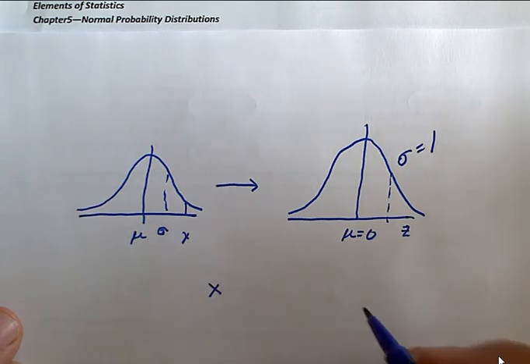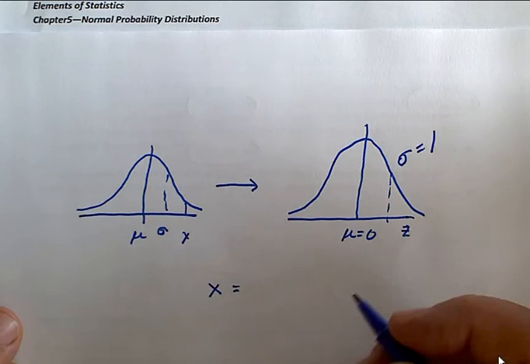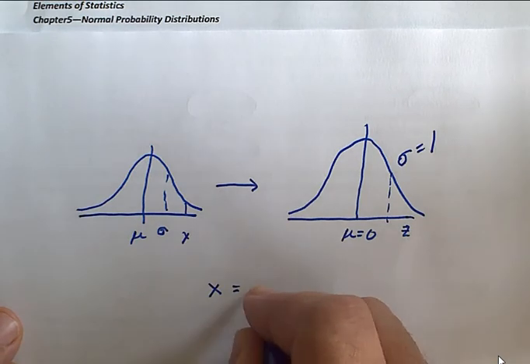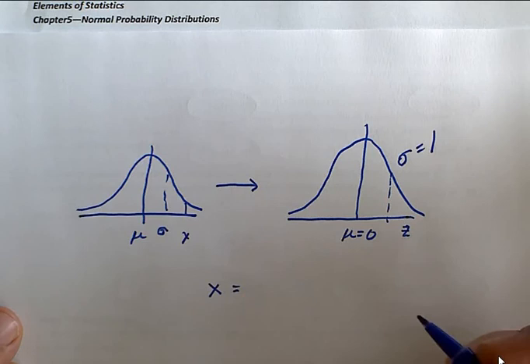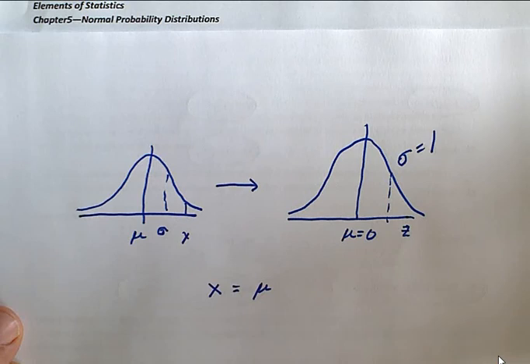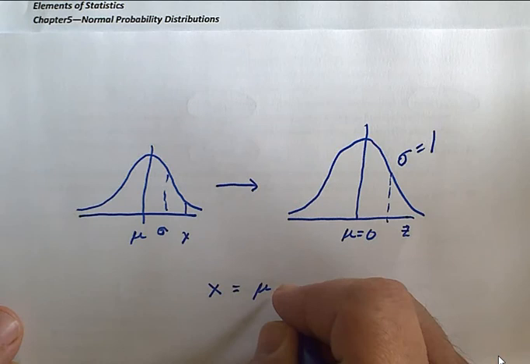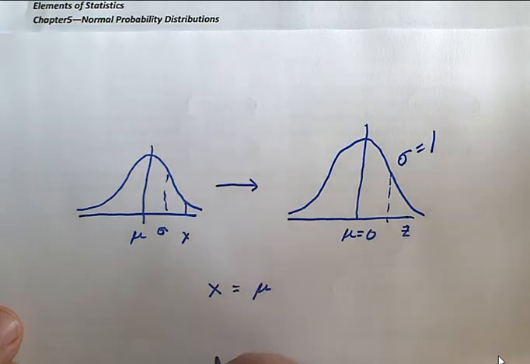So to go backwards and find the actual x score, we said z equals x minus mu over standard deviation.